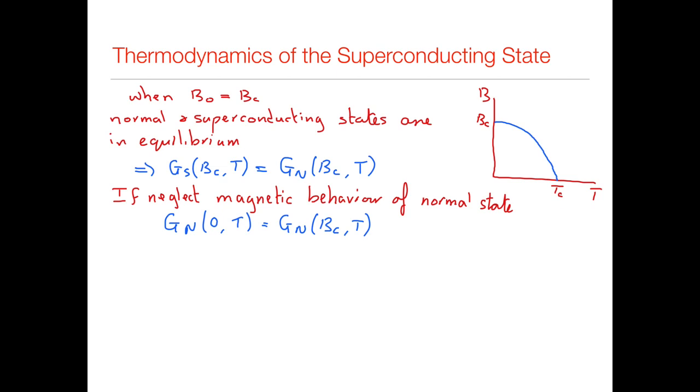So that's interesting. What I can do now is go back to the equation I had on the previous page, which involved the Gibbs energy of the superconducting state. Just to write it out, previously we had that GS B naught T equals GS naught T plus B naught squared over 2 mu naught.